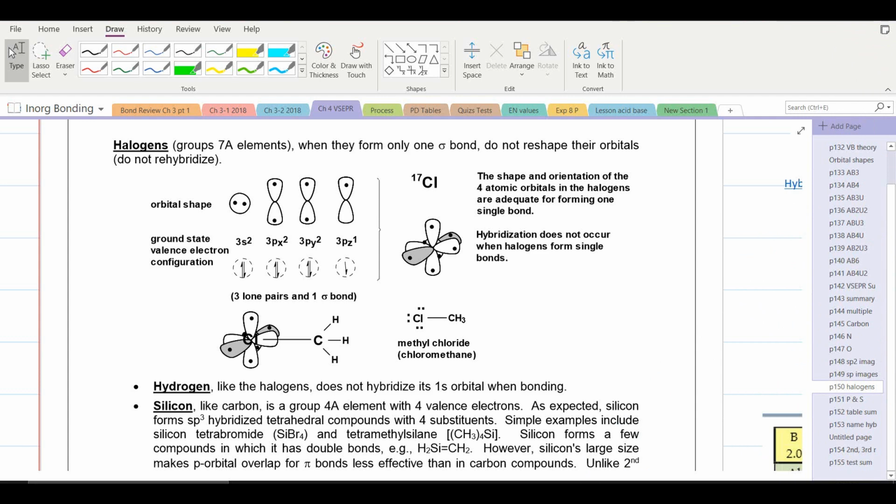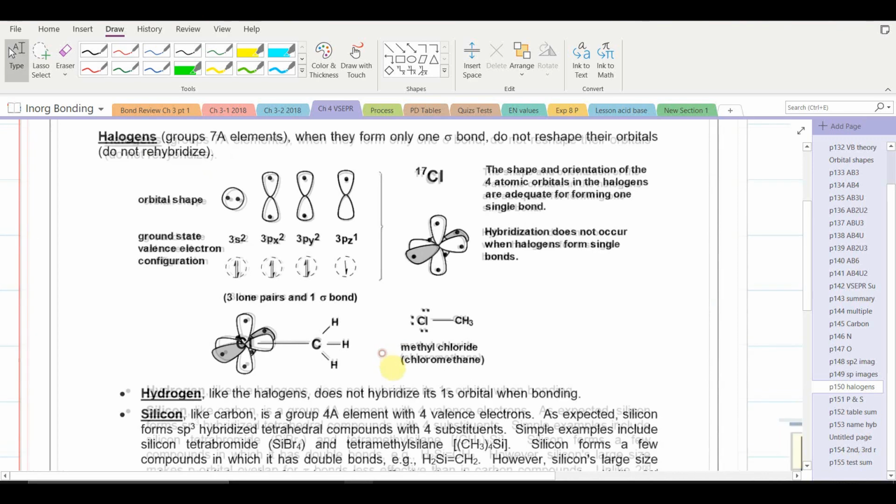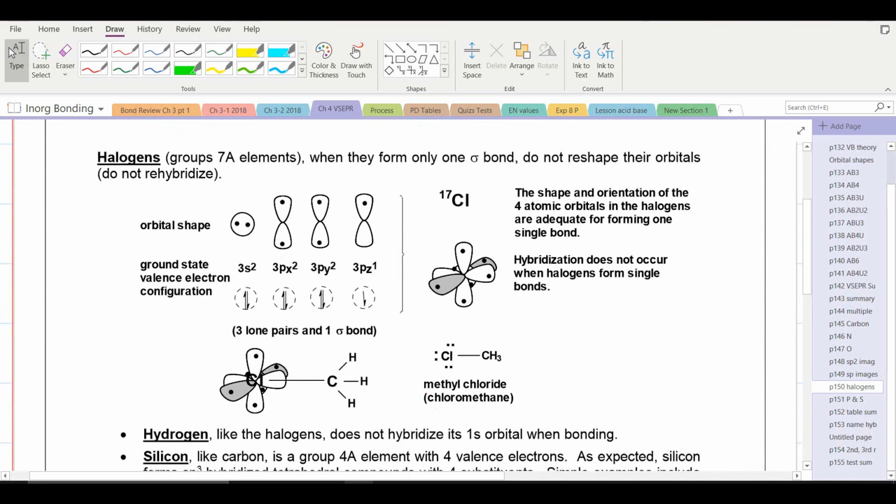Page 150. What about halogens? We've already discussed them, but I'd like to make sure you have it down pat. When they form only one single bond, there's no need for them to reshape their orbitals or promote electrons. They do not need to rehybridize. So look at the electron configuration of chlorine or fluorine or any halogen, 2s2, 2px2, 2py2, 2pz1, one orbital ready to share.